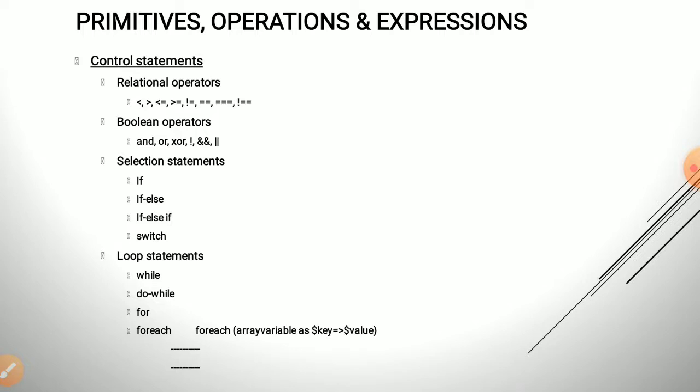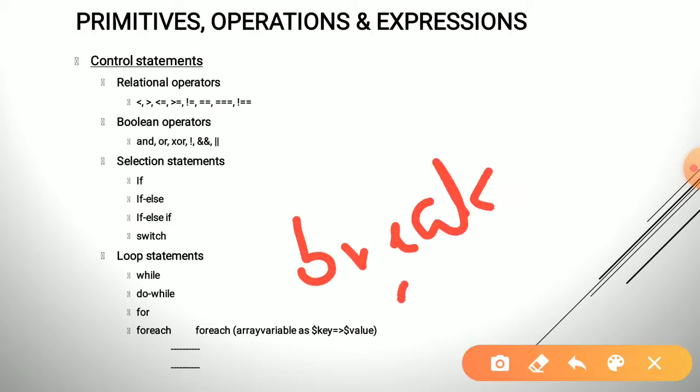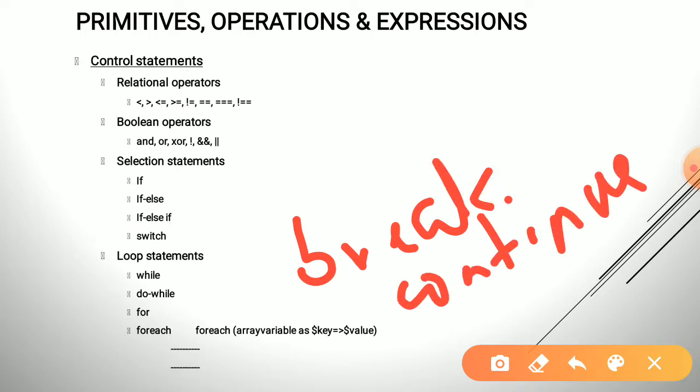The looping statements are while, do while, for, and also break and continue, and the last one is foreach. These selection statements and looping statements we have already studied in the fourth module, and there is no change in the structure of these statements. A new thing here is the foreach statement.